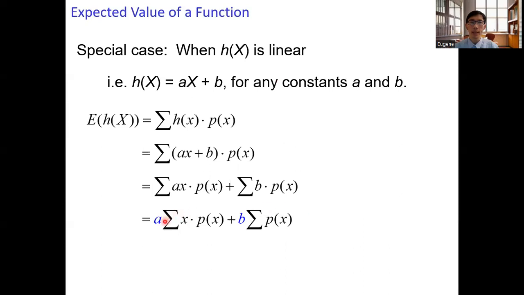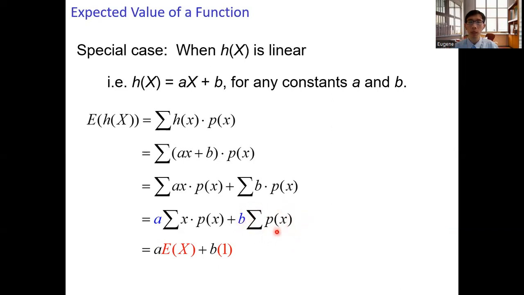Next, since a and b are constants, we can factor them out. And the next step, here we get a times the summation of x times p of x plus b times the summation of p of x. So what is the expression for the summation of x times p of x? By definition, this is the expected value of x. And the summation of p of x over all possible values of x must equal 1.